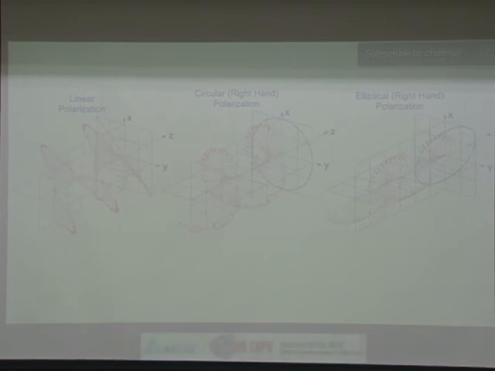So you can see one more time. You can imagine the wave traveling from this side, and you look from this side: this is linear polarization, this is circular polarization, this is elliptical polarization. Okay, so this is a 3D view of the polarization of waves. It's very nice that you can view it in 3D and real time, right? So this is the polarization of waves.